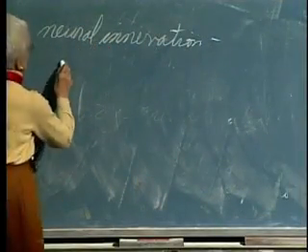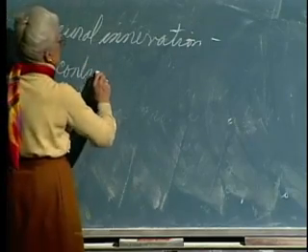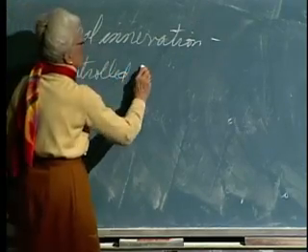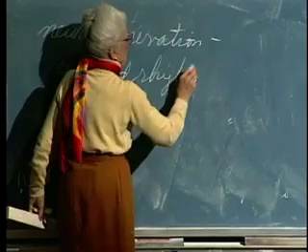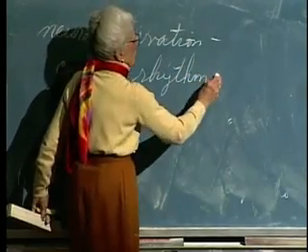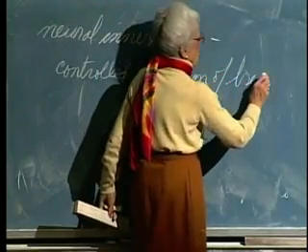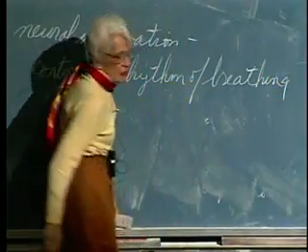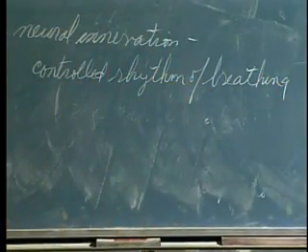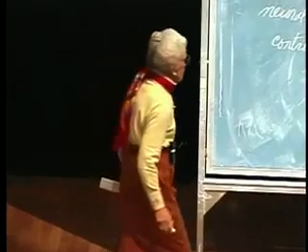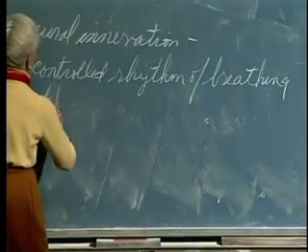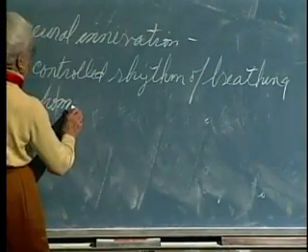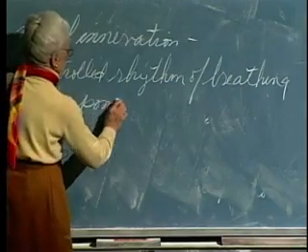The controlled rhythm of breathing. Where in the brain is it coming from? Coming from what's called the pons and the medulla. From pons and medulla, we'll see those when we develop the brain, for those who haven't studied it.